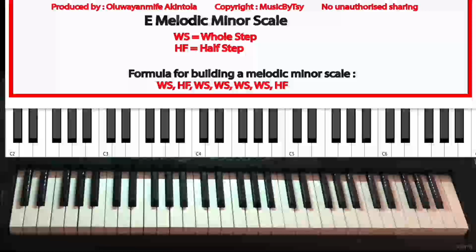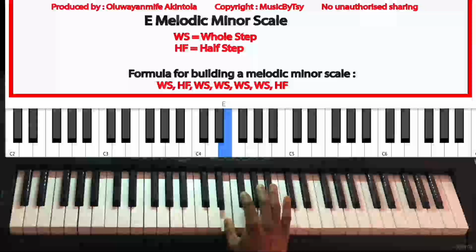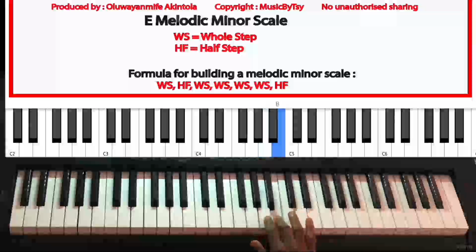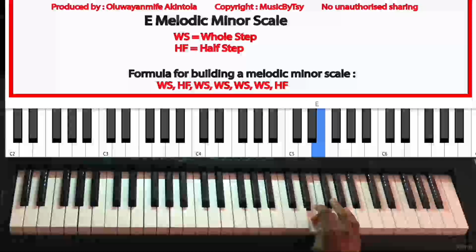And once we've done that, that is also going to give us the E melodic minor scale. So yeah, let's do that. Now just to remind you, the E natural minor scale looks like this. See that? That is the E natural minor scale.